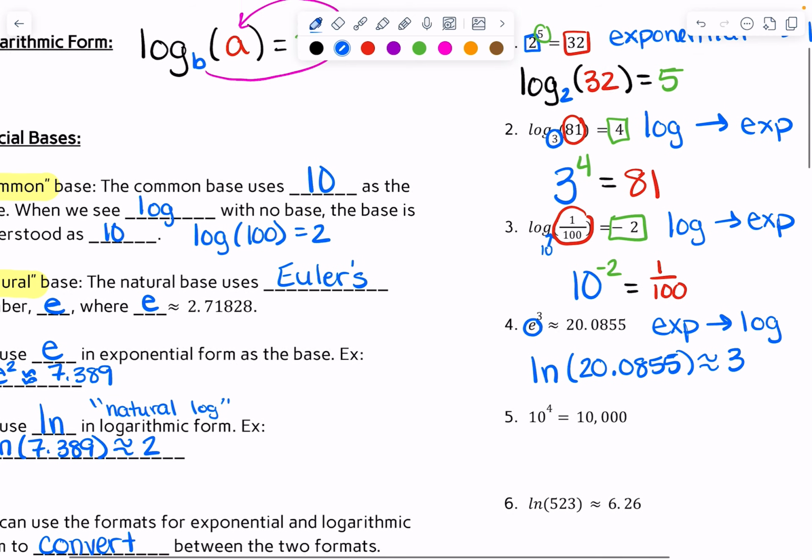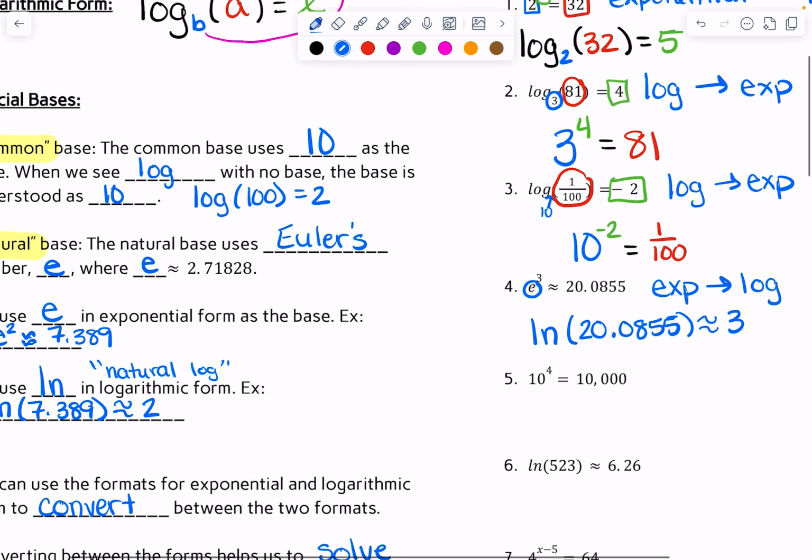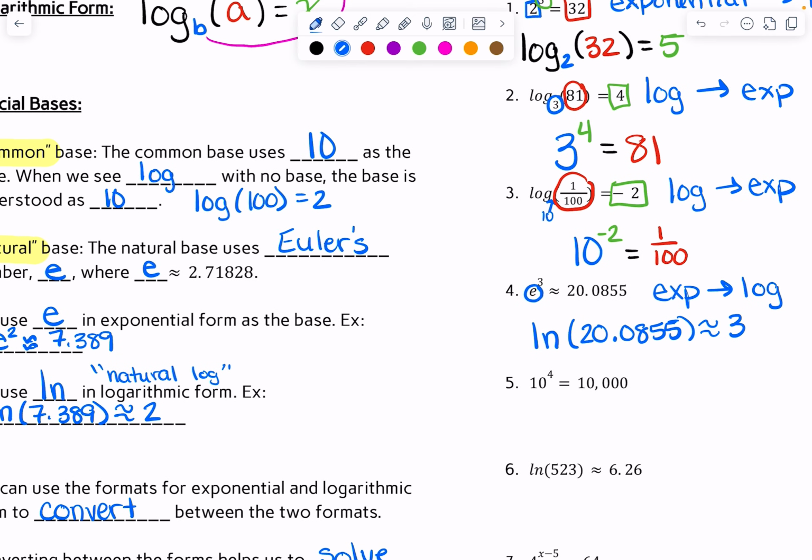A few more here to make sure we've got this, and we can write these in all different ways. In number 5, again, I'm starting from exponential. I'm going to logarithmic. Take a moment, pause your video, see if you can write this, and then continue your video and check your answer.